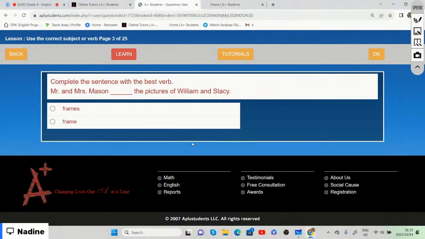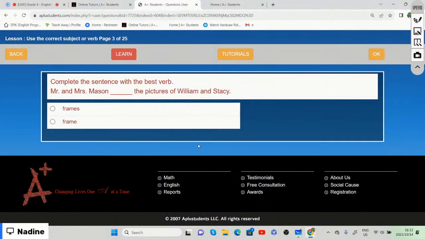Mr. and Mrs. Mason. Do we say they frames or frame a picture of William and Stacy? So Mr. and Mrs. Mason, do we say frames the picture of William and Stacy, or do we say frame?